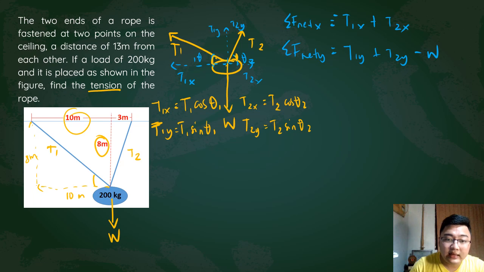If this is your angle 1, then you have your adjacent side and your opposite side.